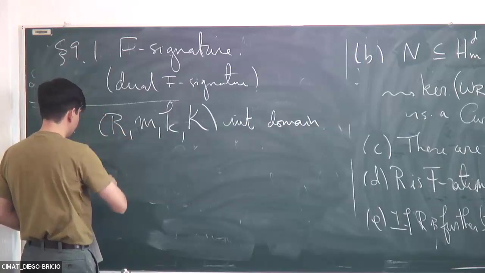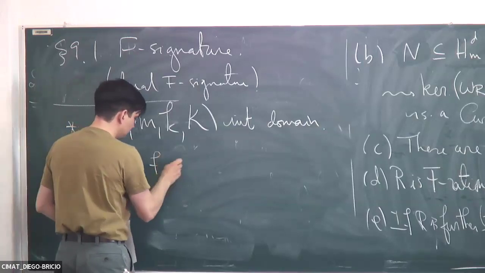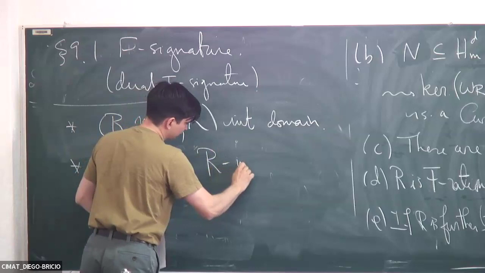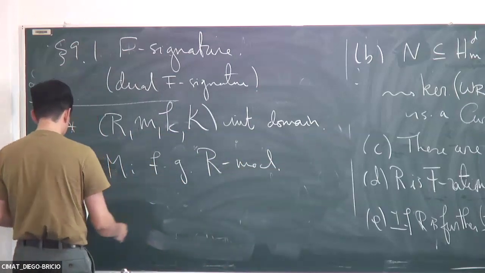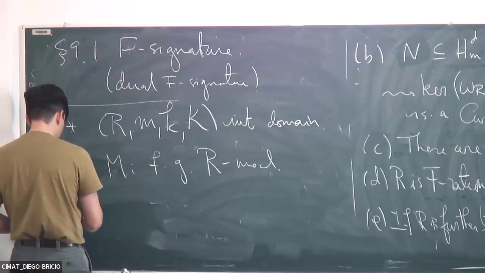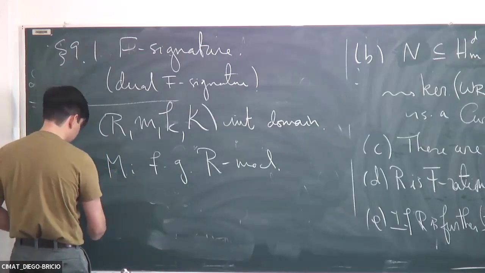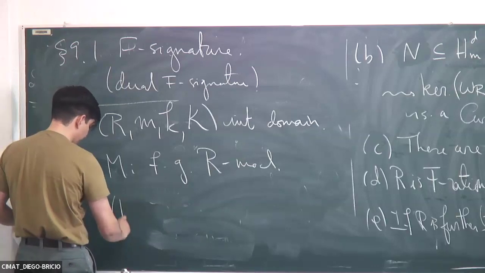Let's make general remarks. Let's take M to be a finitely generated R-module. There are many types of ranks we can attach to this. The first one is the so-called generic rank. I'm going to denote it by nu.